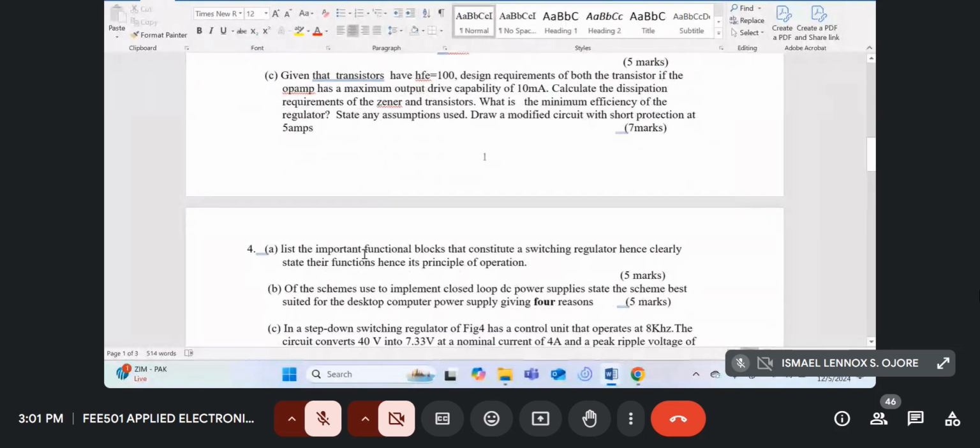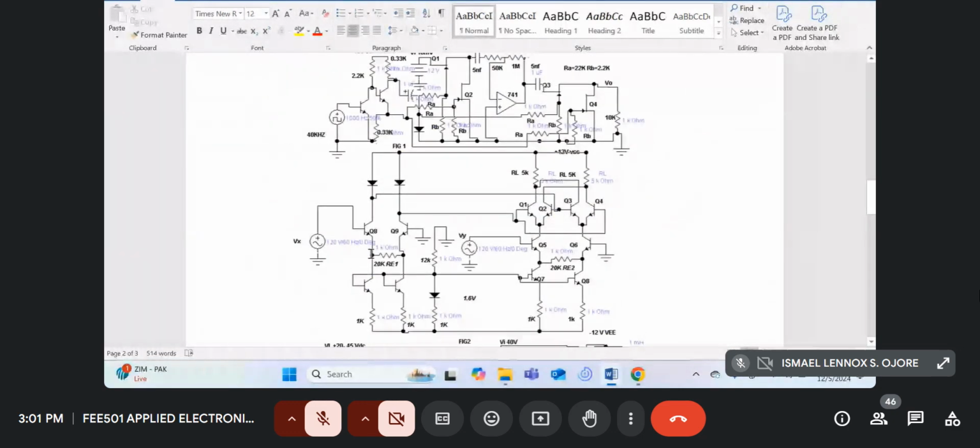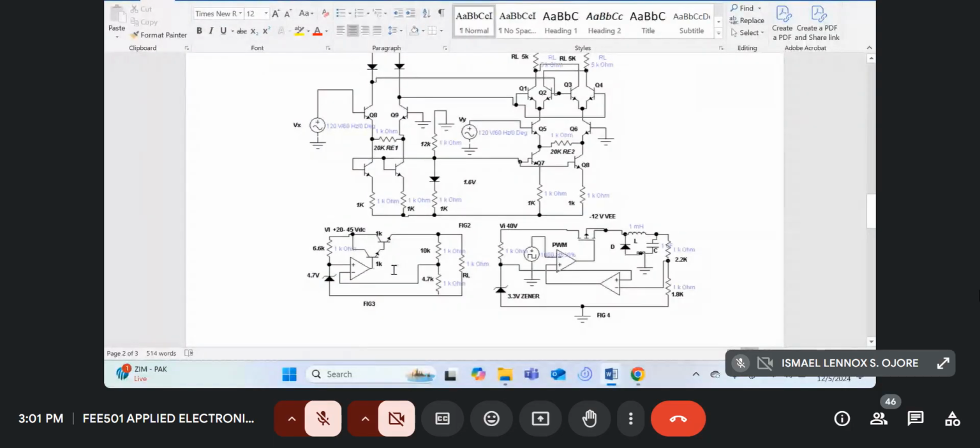And the circuit, I think you are given here. It's here.